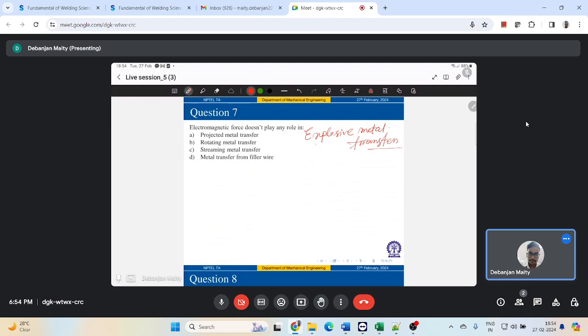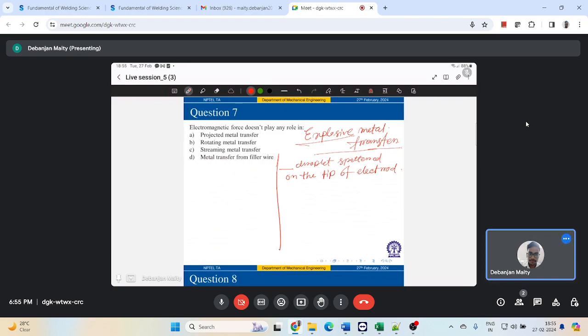Here the droplet spatters on the tip of the electrode even after detachment. So if we try to characterize it: droplet spattered on the tip of electrode even after detachment. That is why it is called the explosive one. Also some kind of chemical reaction takes place between the gas and metal inside the droplet, and it is accompanied by a considerable amount of fine spatter.